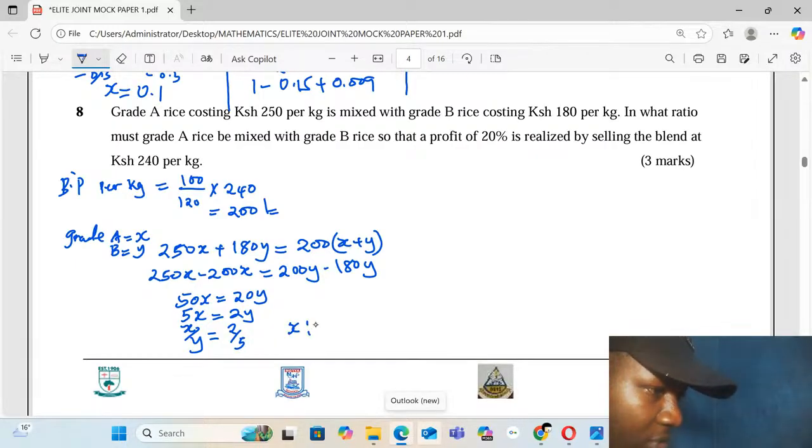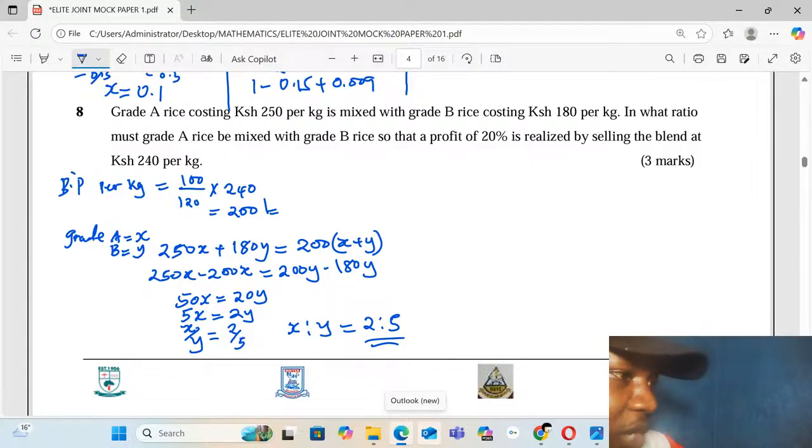So our ratio x to y is going to be what? 2 to what? To 5. So this is now the ratio of the mixture for us to get 200, and then to sell it now at 240 to make a profit of 20%. Now this is the ratio of the mixture. This is how we arrive at that.